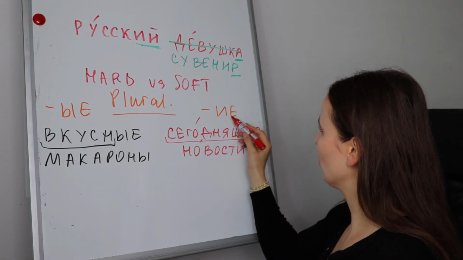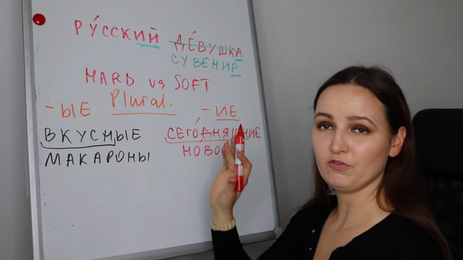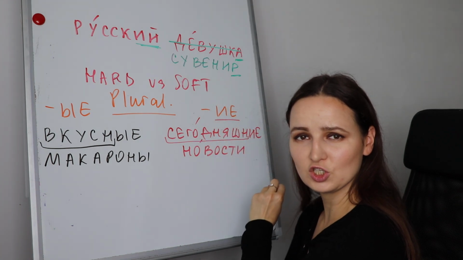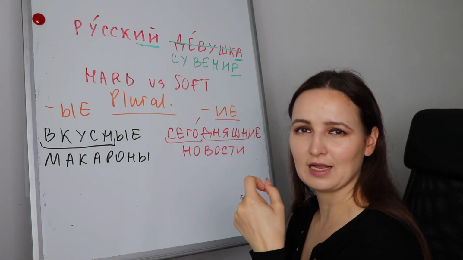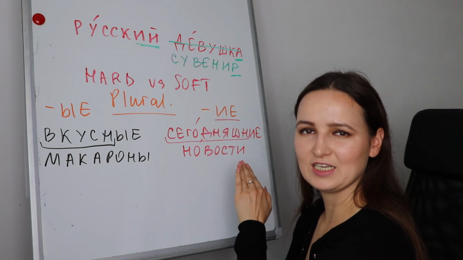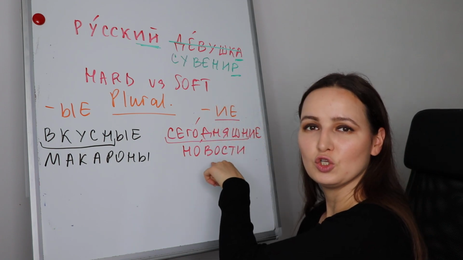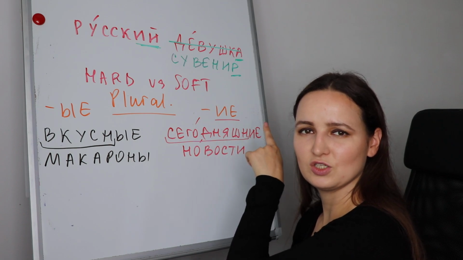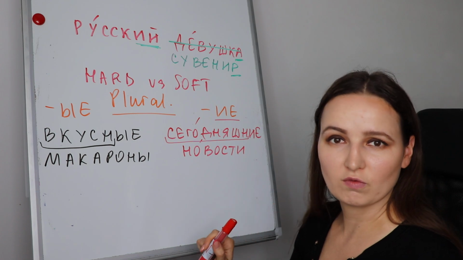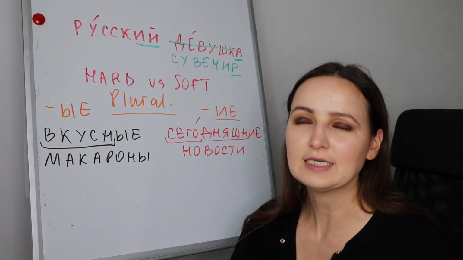Soft N. So we will use the ending ие. If you can't hear that this N is soft, just memorize that сегодняшний, today's, is a soft adjective. So we will use soft endings for it in plural, neuter, feminine and masculine. Да? Сегодняшние новости.